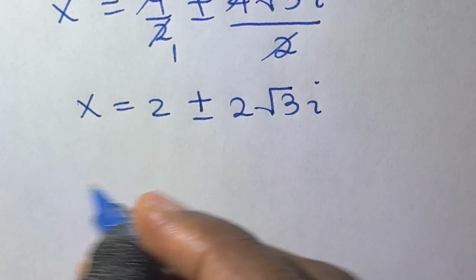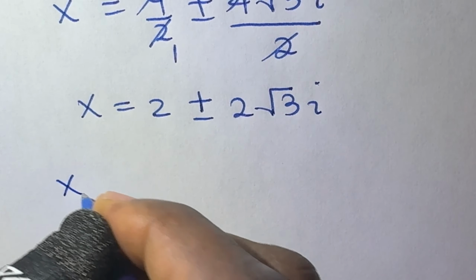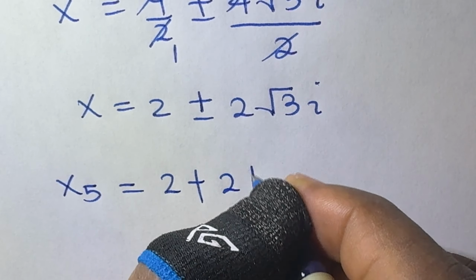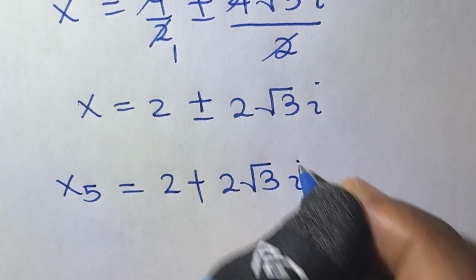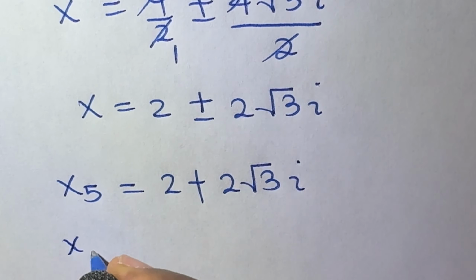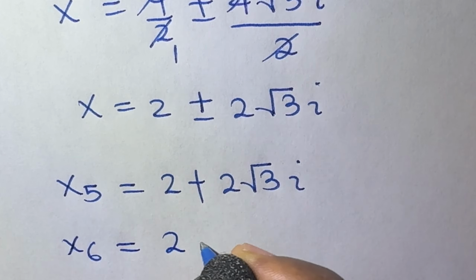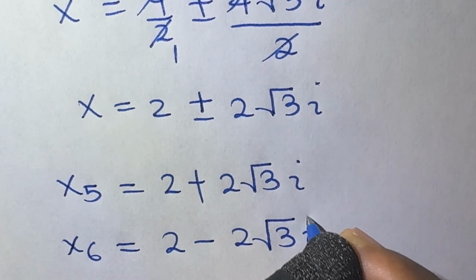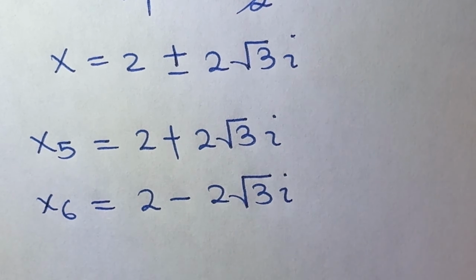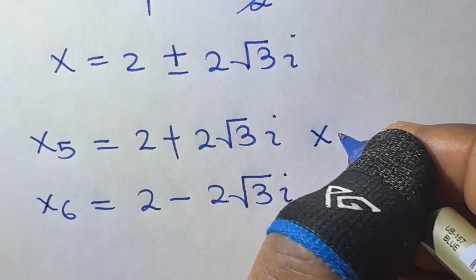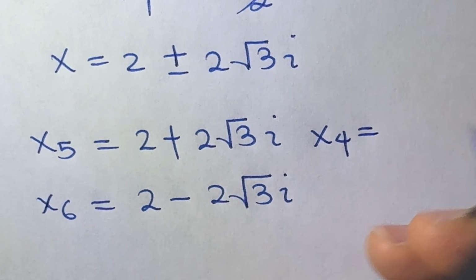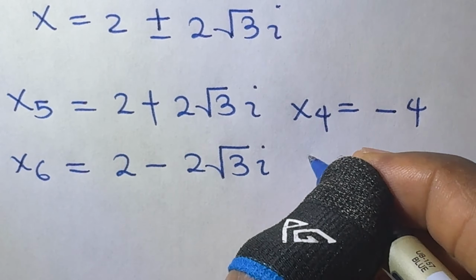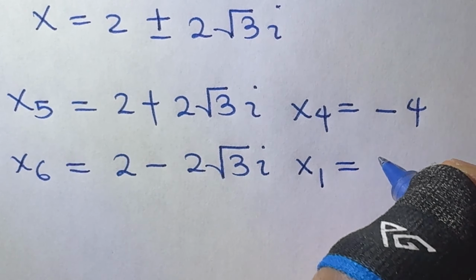And then we separate into the last 2 solutions, giving us x5 equals 2 plus 2 root 3i. And then x6 is going to be 2 minus 2 root 3i. And remember what we got for x4. x4 was -4. x1 was 4.